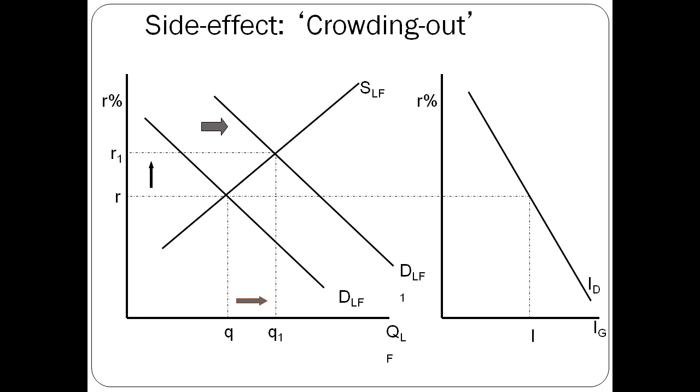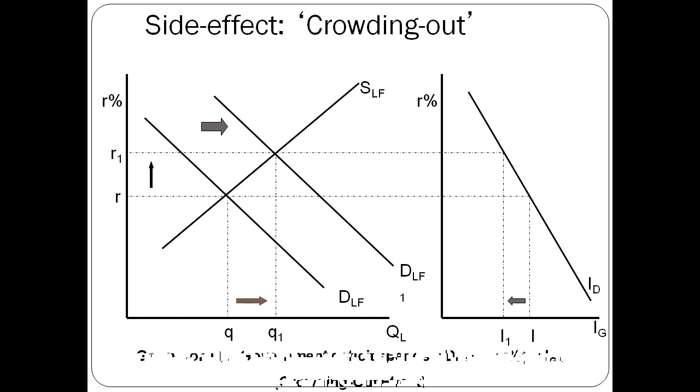Now we extend that equilibrium real interest rate at R1 over to the investment demand graph. We go down, and we can see we have a drop in investment from I to I1. So you can see that gross private investment fell.